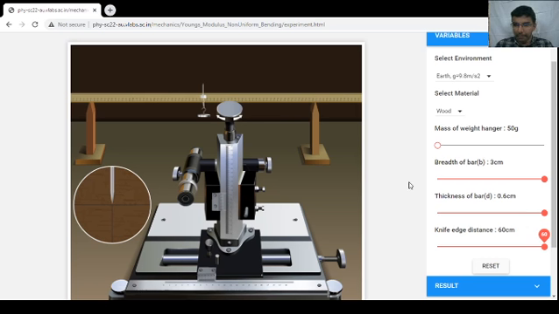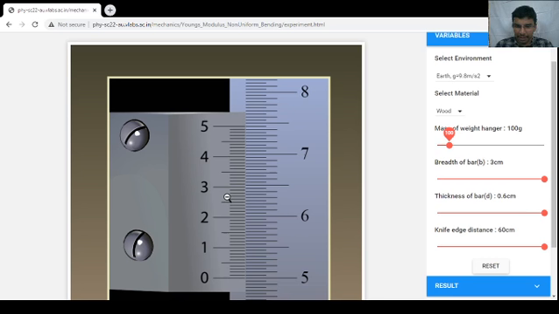Now again what you are doing, you are going for the next load, 100 grams. With 100 gram, again you just check it. See, you will get 5 units. Again the coincidence may vary, so you will get some other coincidence.